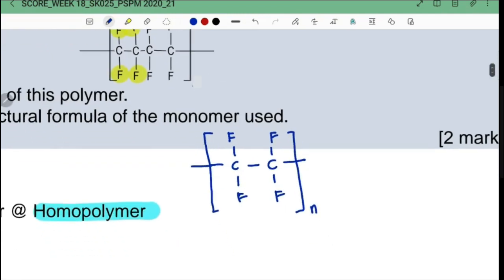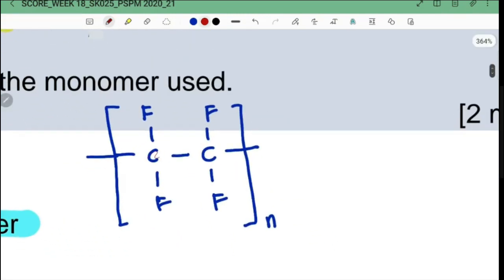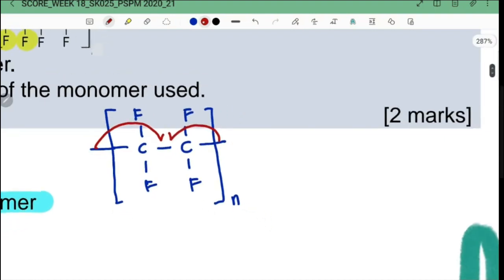So to find the monomer, okay, we start from luar ni, from outside in. From outside in. So this one will form the monomer CFF.